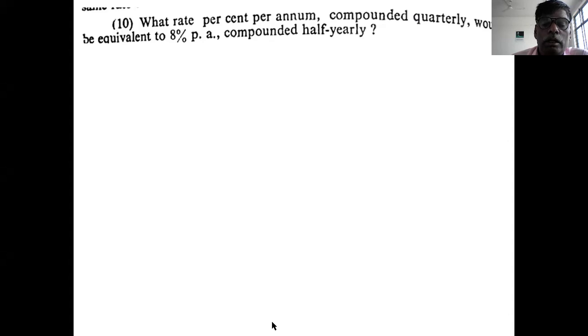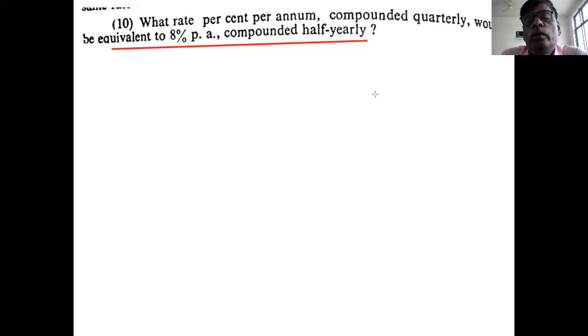First we calculate the amount on rupees 100 principal for 1 year at 8% per annum, compounded half yearly. Rate of interest is to be calculated half yearly.